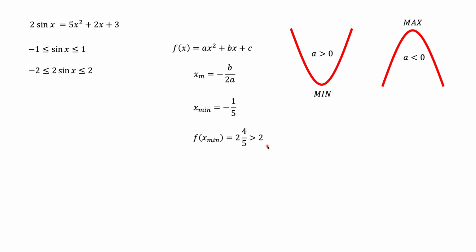So what we got now is that the left hand side cannot exceed 2, but the right hand side is always greater than 2. What it tells us is that there's no such x where the left hand side equals the right hand side, and therefore our equation has no solutions.